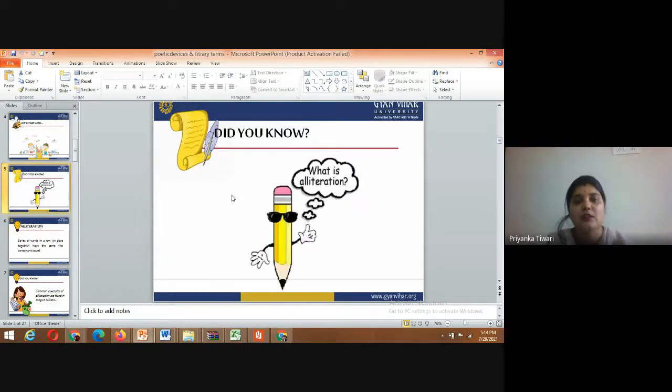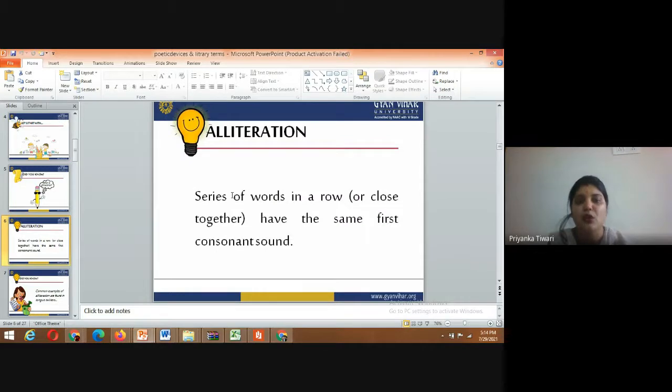First of all, we will learn the definition of alliteration and different examples of it. Alliteration is a series of words in a row or close together that have the same first consonant sound. If we talk about the same first consonant sound, it means we are using alliteration.